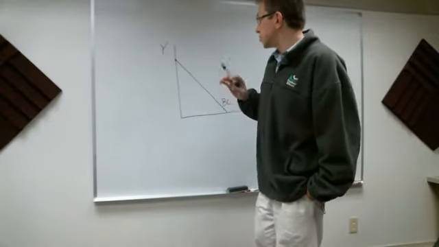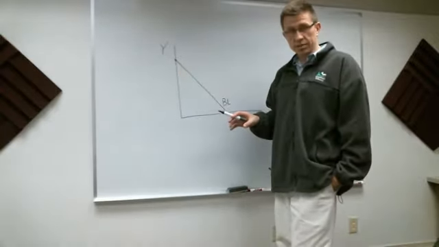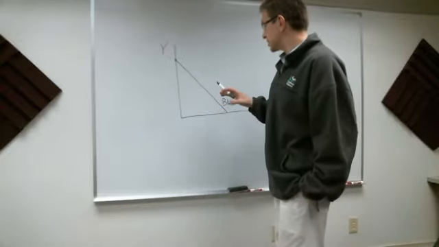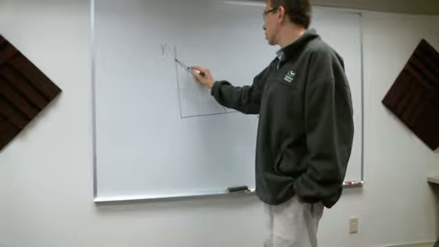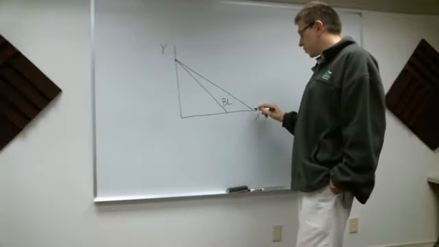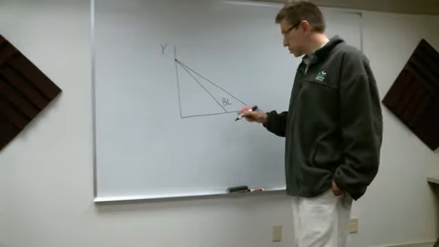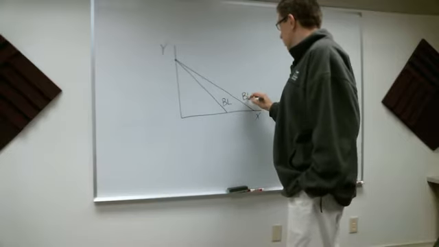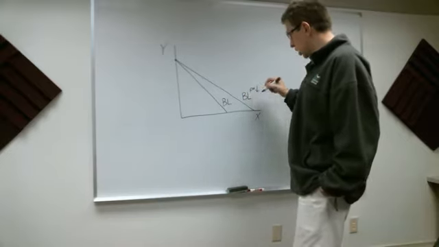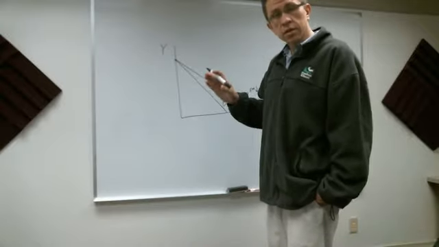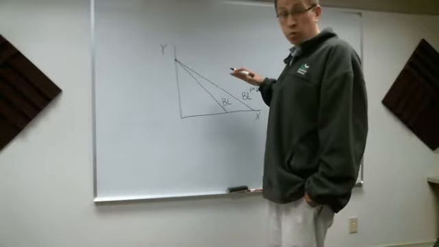So you start at the same point on the y-axis, but if the price of product X decreases, that means you can buy more of product X for every amount of product Y that you purchase. So the budget line, when the price of X drops, rotates outward.